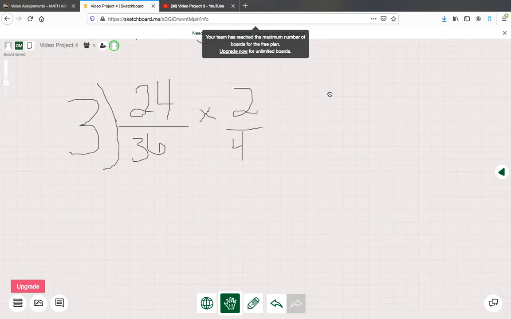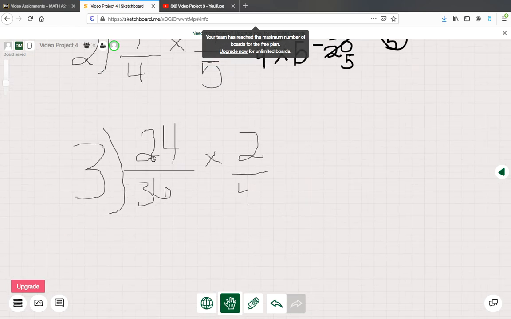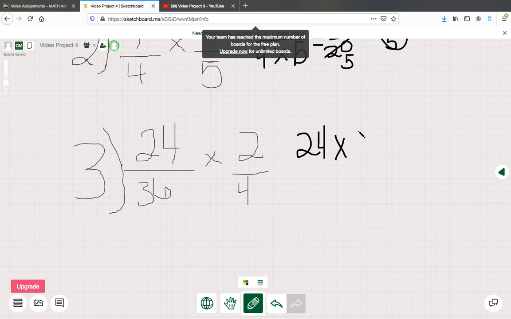And our last question down here looks a little tricky because the numbers are bigger, but we can get through this. So we're going to set this up 24 times 2 over 36 times 4.